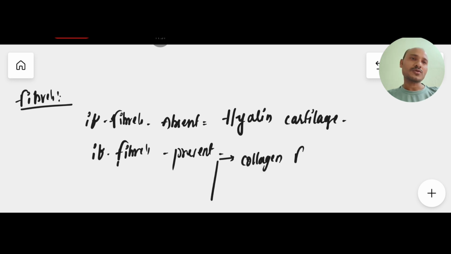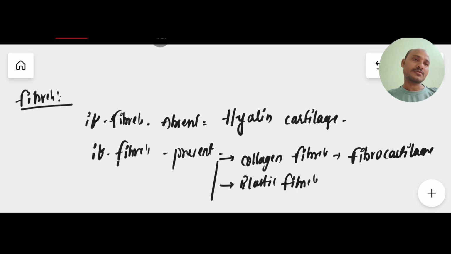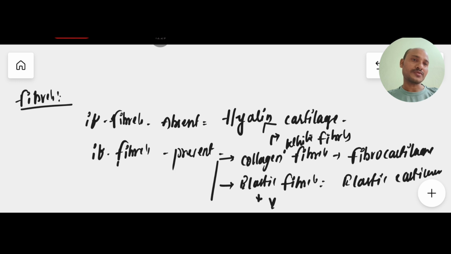If collagen fibers are present, it is called fibrocartilage. If elastic fibers are present, it is called elastic cartilage. Collagen fibers are white fibers, and elastic fibers are yellow fibers. So, based on presence or absence of fibers, we have three different types.